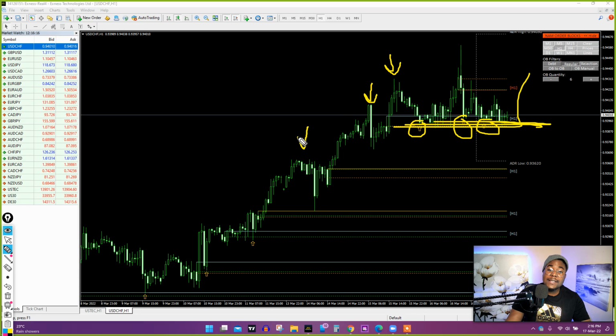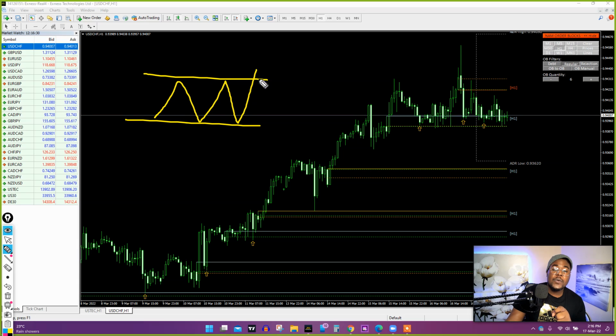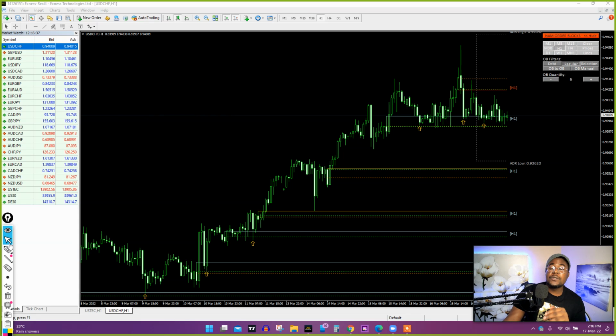Because the system is so smart that it won't give you a sell position on an uptrend. It will do that only on a ranging market. It means you will also see that the market is just doing something like that, so that is where it's going to show you. But on a clear trend, it's going to show you that.